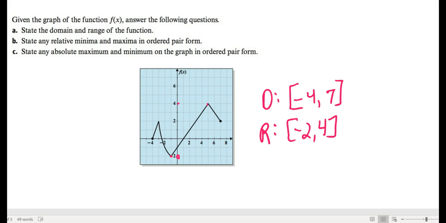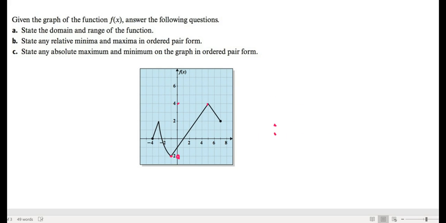Part B asks us to state any relative minima and maxima in ordered pair. So our relative minima and maxima are our turning points. So we can see we go from increasing to decreasing here, and from decreasing to increasing here, and from increasing to decreasing here.